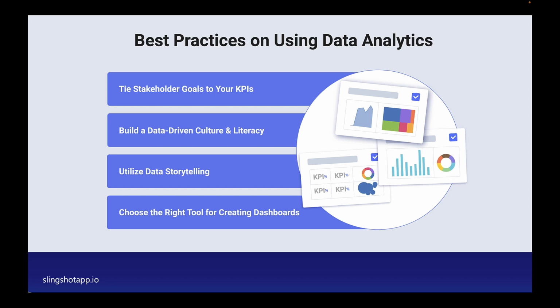Translate then those objectives into measurable KPIs. So for example, if stakeholders' goal is to increase revenue by, let's say, 20%, your KPI might be tracking the conversion rate on a particular landing page within your marketing team.